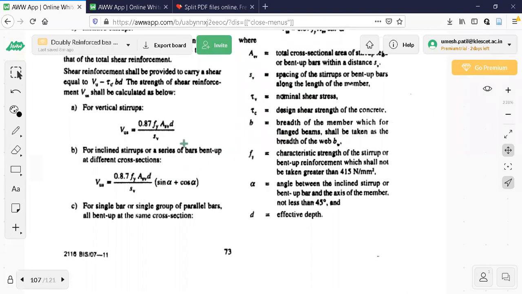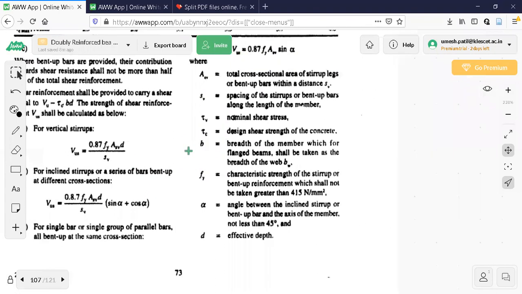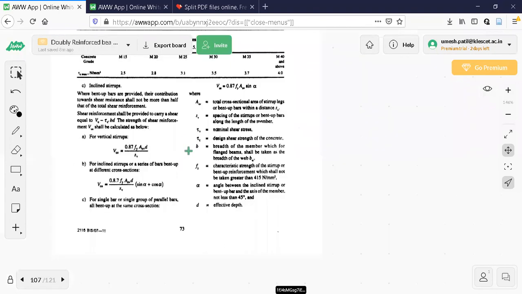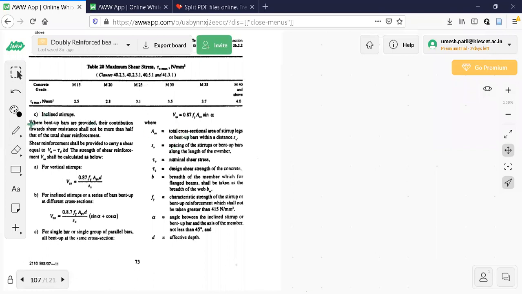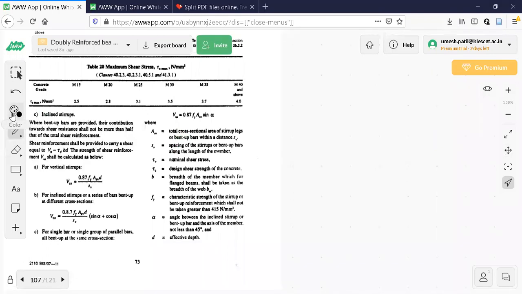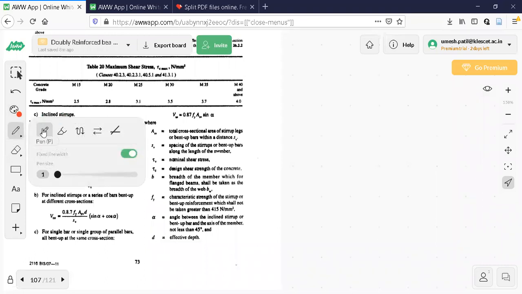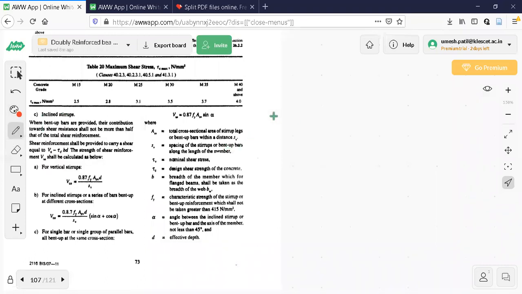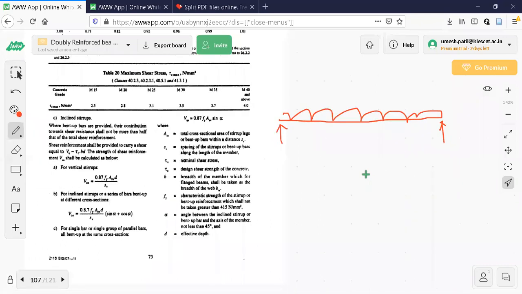How do you understand shear in beams? Now I'll draw one figure. Observe here. This is a simply supported beam subjected to uniformly distributed load.